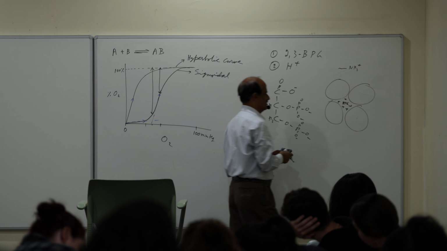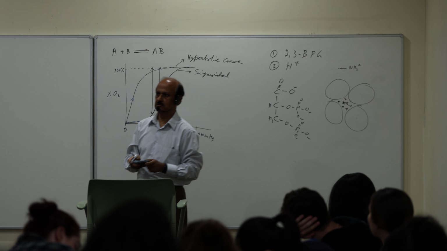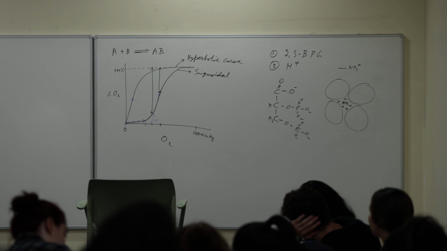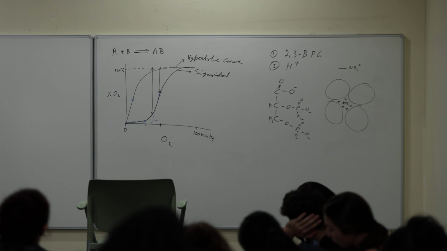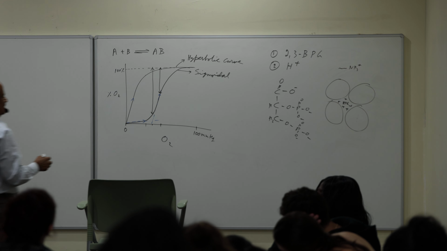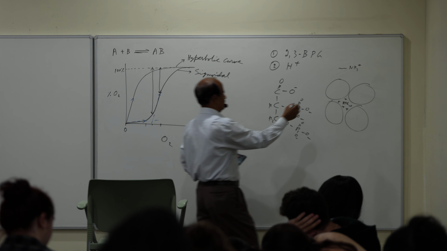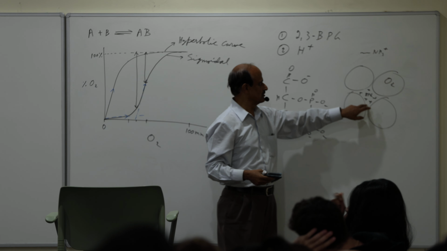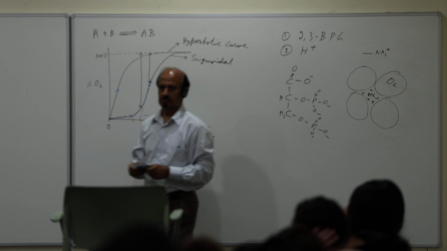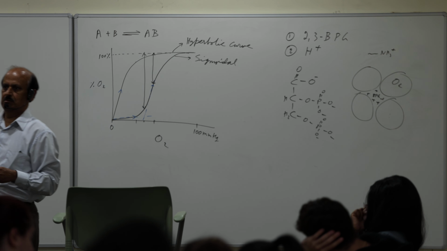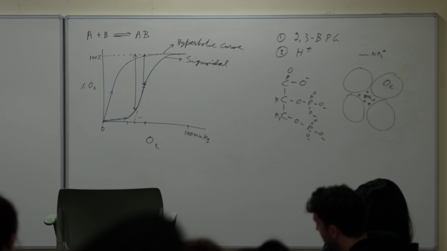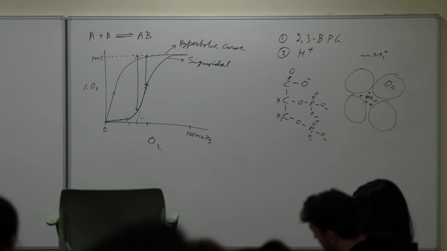So that's where BPG binds, by binding to the positive charges of the various amino acids in that binding site. And the binding site is not the same as oxygen. The oxygen binds somewhere here, let's say. If BPG is bound here, then oxygen cannot bind. So BPG, in other words, decreases the binding of oxygen, and that's why it is an inhibitor.